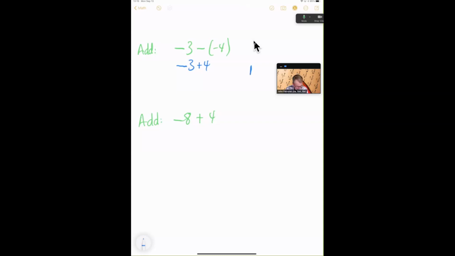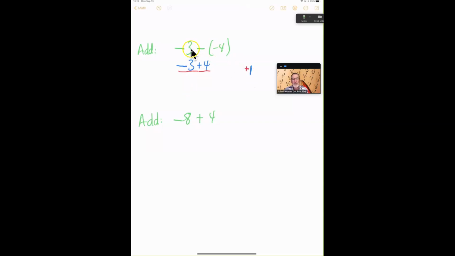And then to determine the sign, we look at the sign of the number with the larger absolute value. And 4 is bigger than 3. If we ignore the signs, 4 is bigger than 3 normally. And so 4 has a positive sign, so our answer will also have a positive sign.